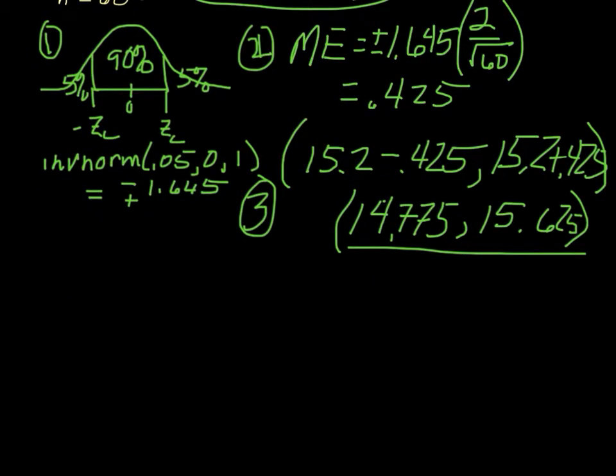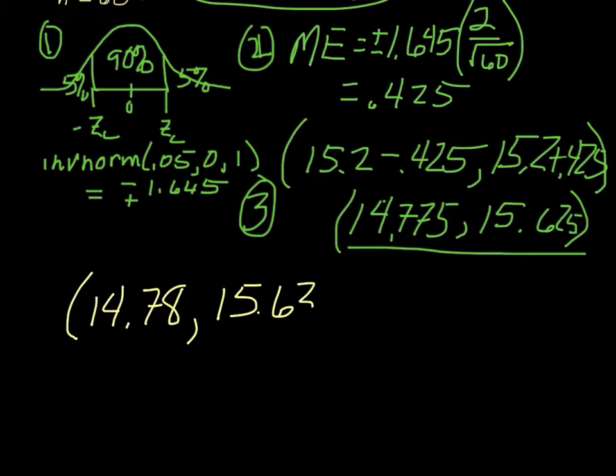So there are variations on these problems. For instance, what if you start out with the confidence interval 14.78 and 15.63. Say that's our confidence interval. Can you find the sample mean? Well, sure you can.